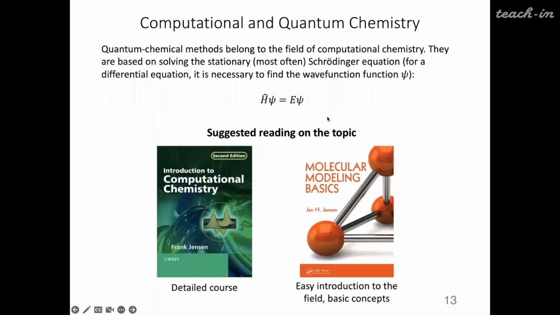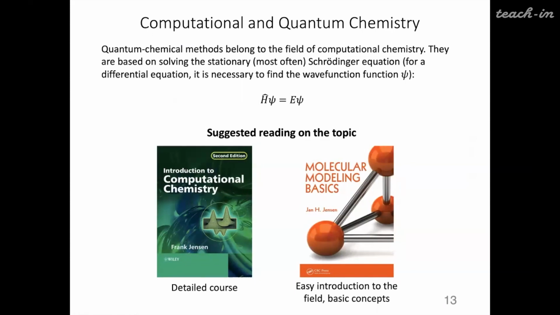Basically, most conventional quantum chemical calculations are based on the stationary Schrödinger equation that may seem basically simple. However, in practice, it's a really difficult equation to solve, and this book gives many approaches to solving it in several hundreds of pages.